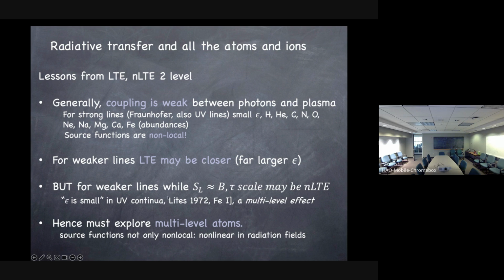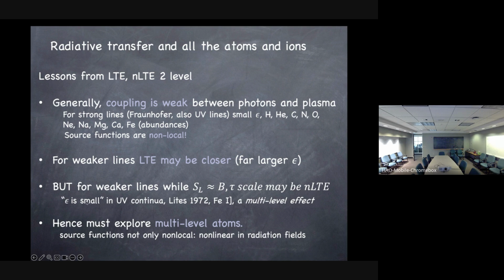Now, the thing you have to remember is we're only learning from a 2-level atom here, so we can't really go all the way and say S_L is B. Well, this is often very good for these weak lines, but the other part of the story is that the tau scale may be affected. Remember, the populations affect the source function and the optical depth.